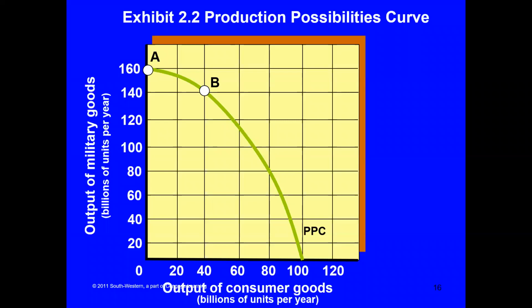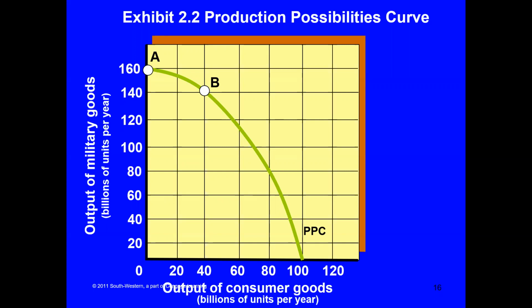That's point A. If we were to move to point B and say, hey, we want to make some consumer goods, you can see that we're moving from 0 consumer goods to 40 billion units of consumer goods. We're going to have to move some people off of the military goods line and say, I need you to switch over here and help start making more consumer goods. Because we had a scarce amount of resources, and we were already using everything efficiently, we're taking away some people from the military goods line.